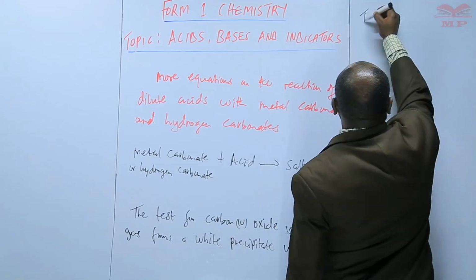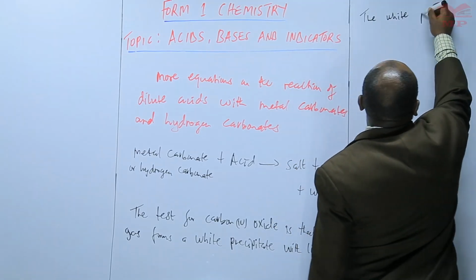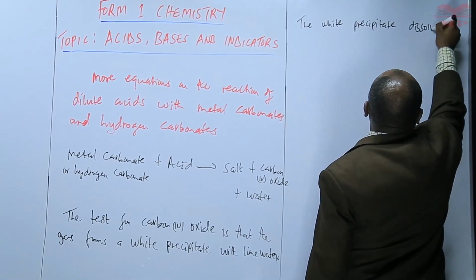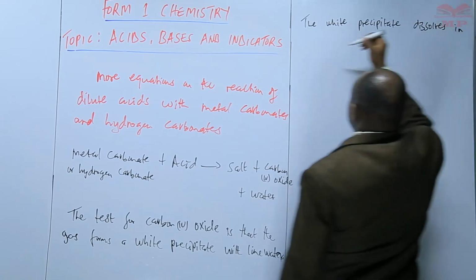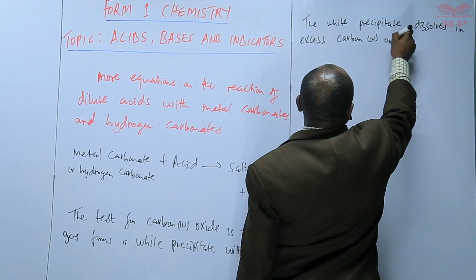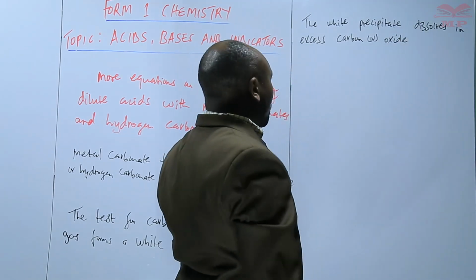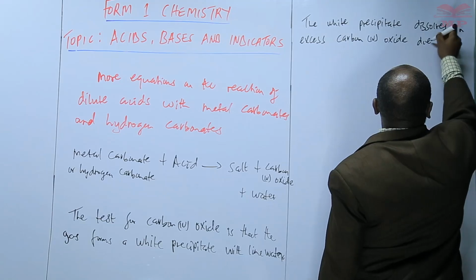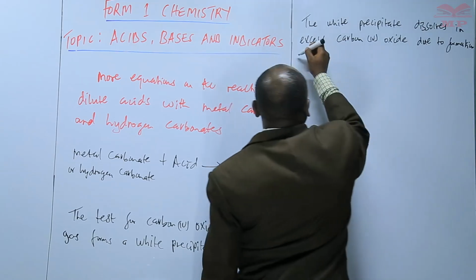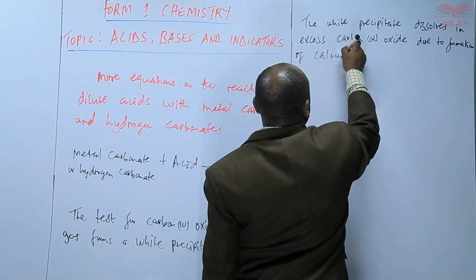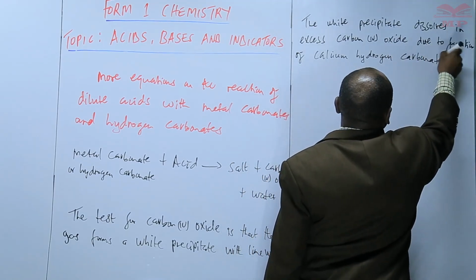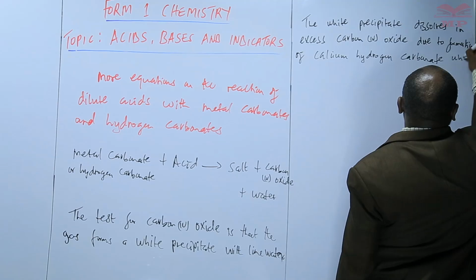So you can say that the white precipitate dissolves in excess carbon 4 oxide due to formation of calcium hydrogen carbonate, which is a colorless solution.